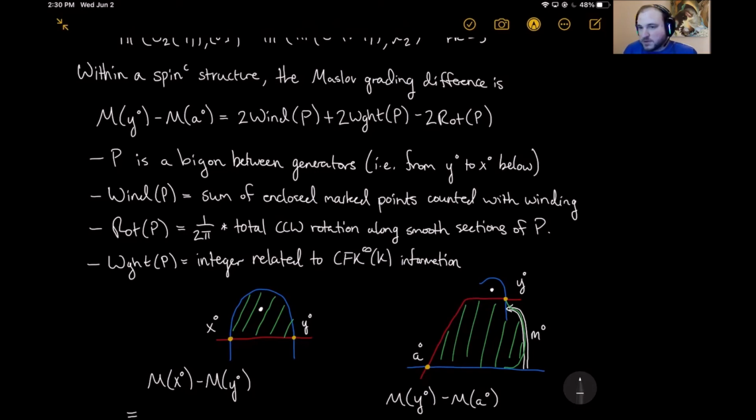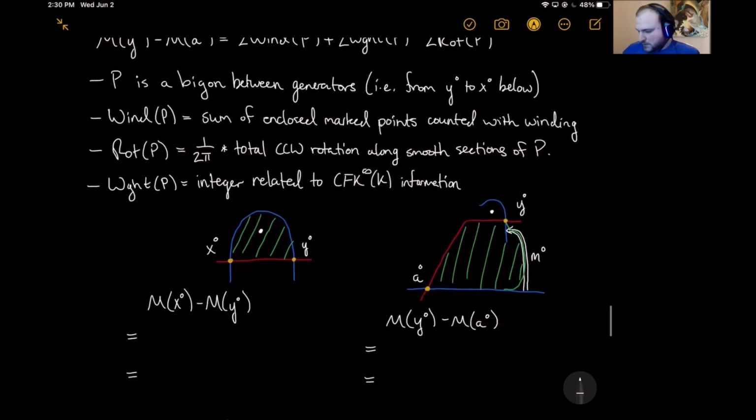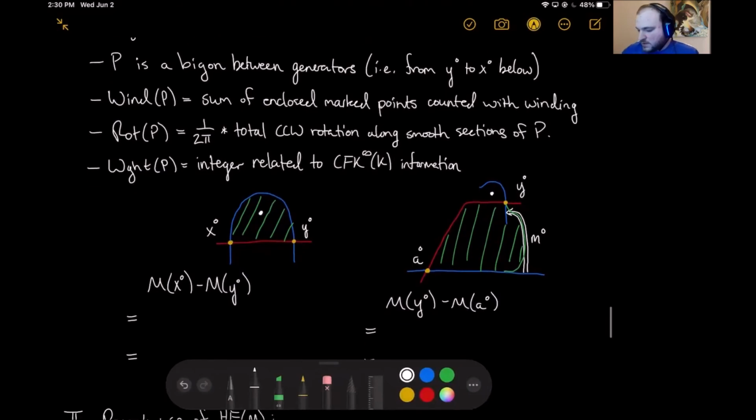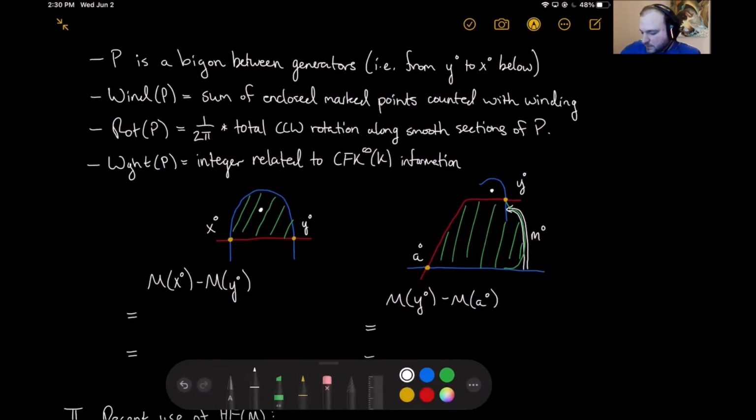rotation along the smooth sections of P, and then the weight of P is some integer that's tied to the grading arrow itself. This is typically recovered using the full knot Floer complex and information from knot Floer homology. This will also show up a bit more in the second talk. But here in this example, we get that a single base point is enclosed with positive winding.